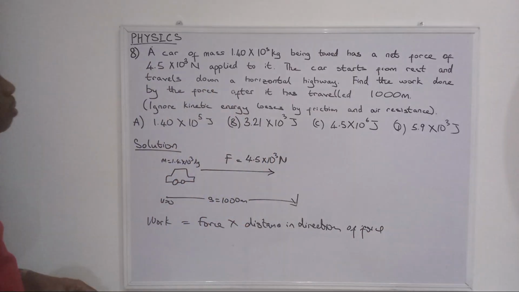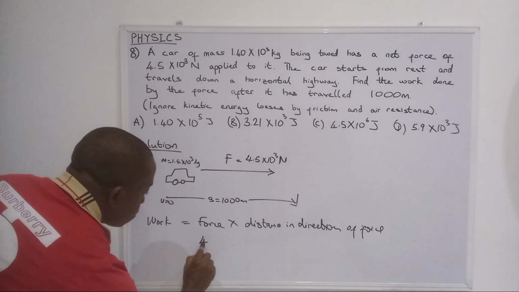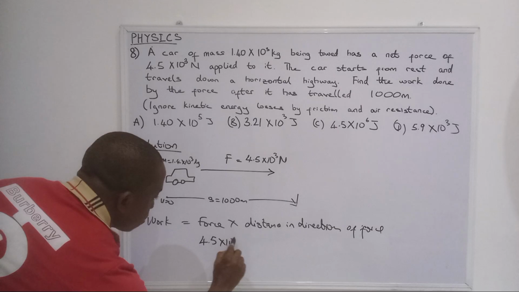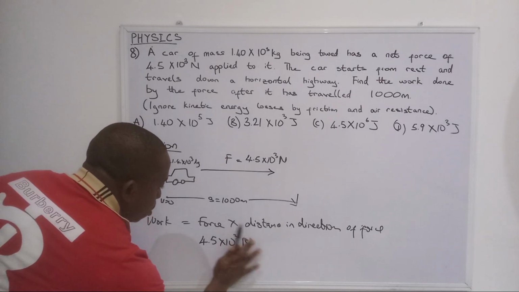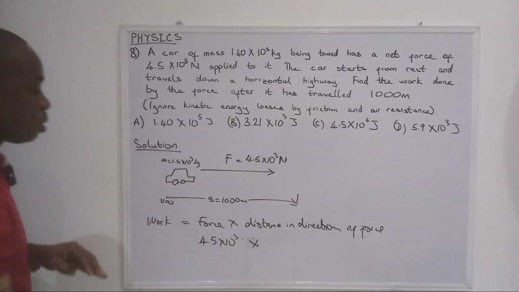So in this case, the net force is 4.5 times 10 raised to the power 3 newtons, times distance, 1,000 meters.